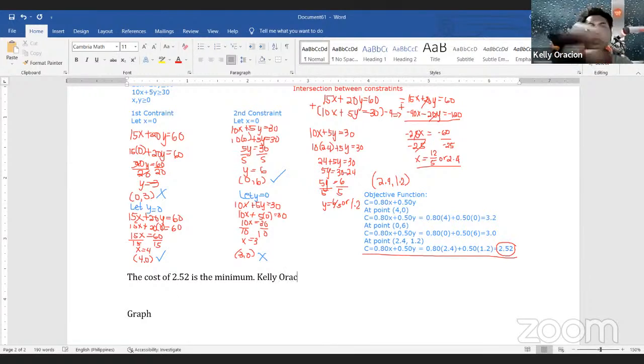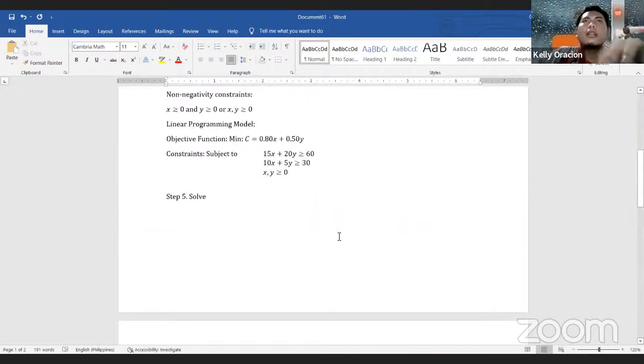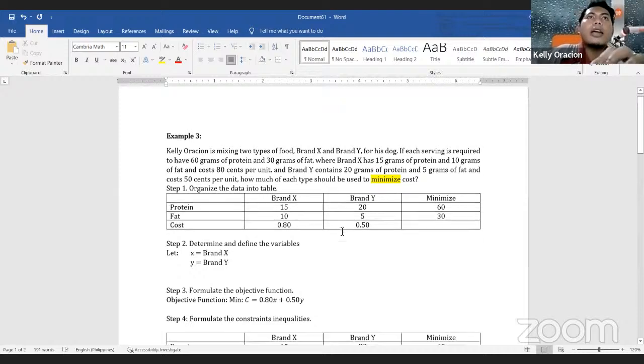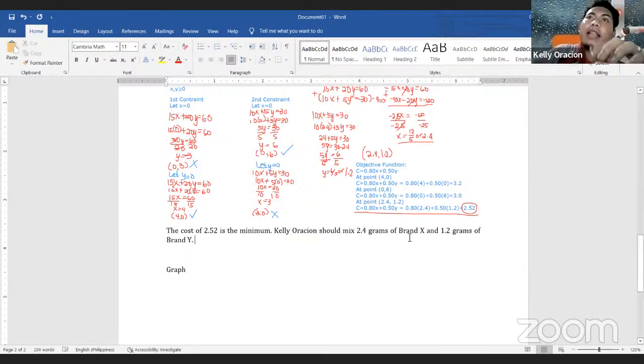So, Kelly Orasyon should mix 2.4 grams of brand X and 1.2 grams of brand Y.